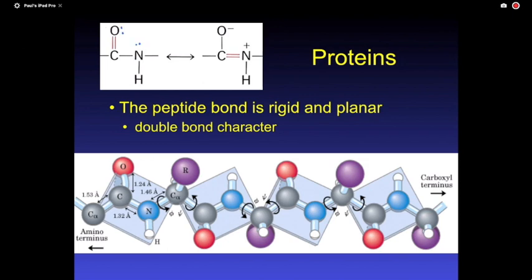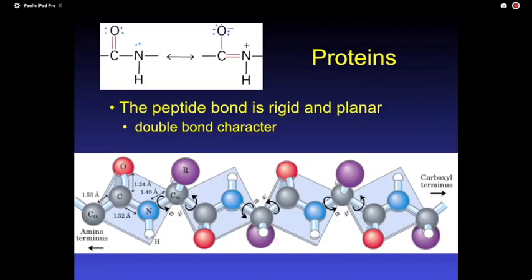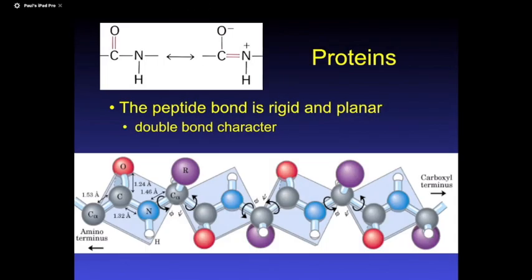If I actually write out the Lewis structures, which I know you guys can write out, there is a resonance structure in which the electrons can go this way and the electrons can go that way.